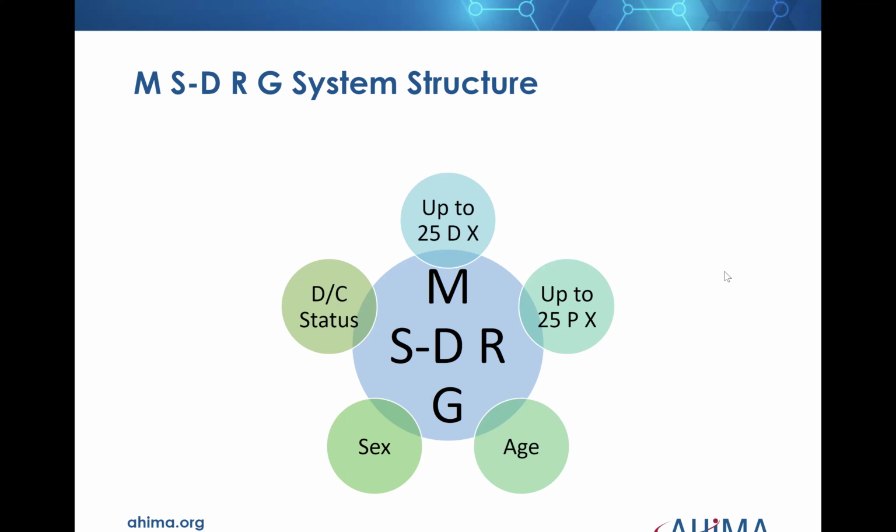So we can have up to 25, and we figure in other factors as well, gender, age, and so on, as you can see here. And the idea is each of these DRGs has carve-outs for comorbidities and complications, which we'll talk about a little bit and get into some finer details on this.